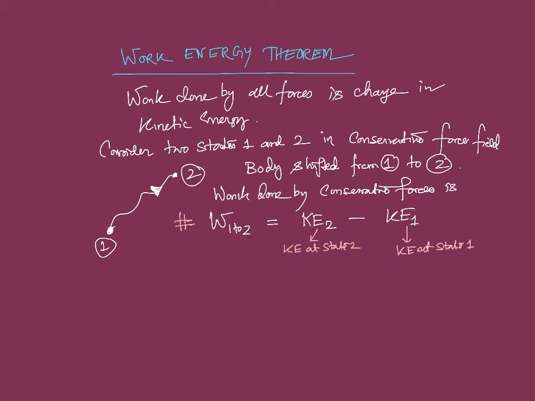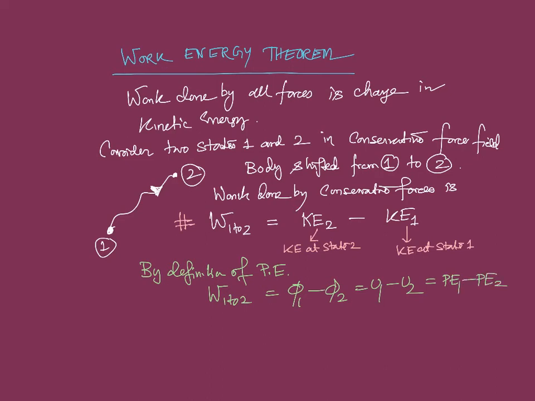That's okay, but we have also defined potential energy. By the definition of potential energy, for conservative forces, the work done from 1 to 2 is phi 1 minus phi 2, or U1 minus U2, or PE1 minus PE2. PE1 is potential energy at state 1, PE2 is potential energy at state 2.